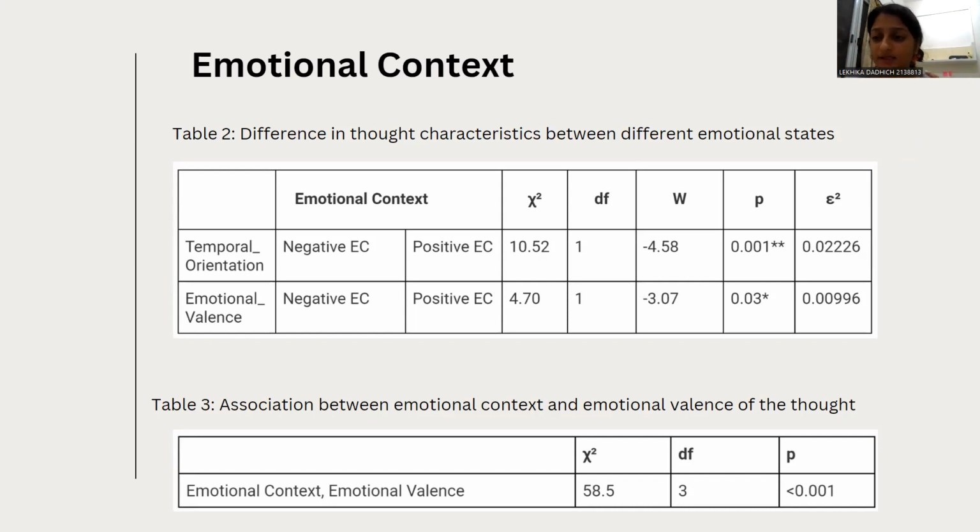It's an interesting thing to note here. Basically what it suggests is that the emotion of the thoughts that we're having is dependent on the emotion that the person is feeling right now.